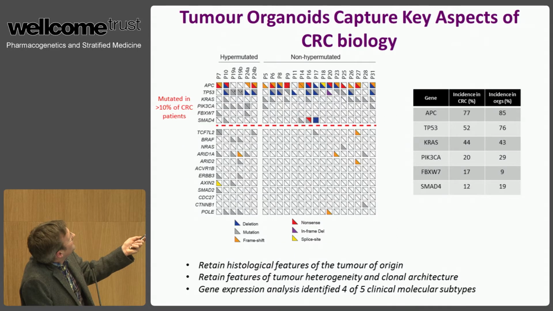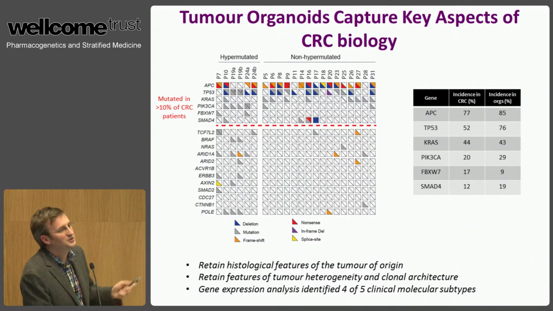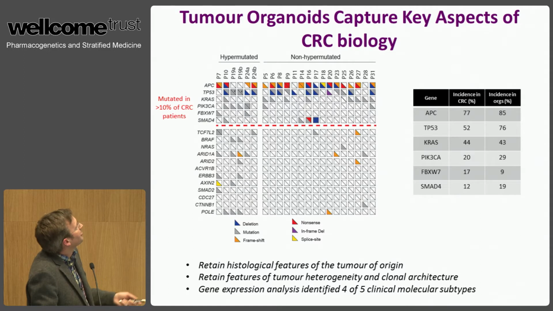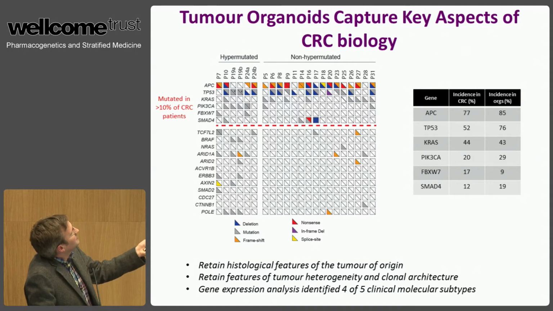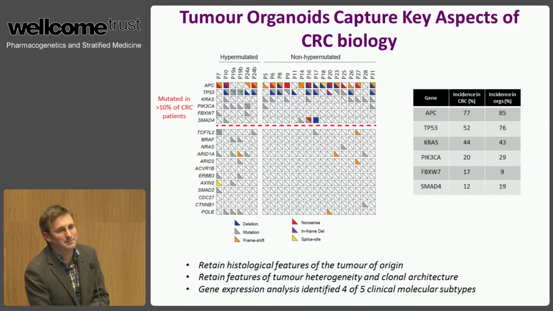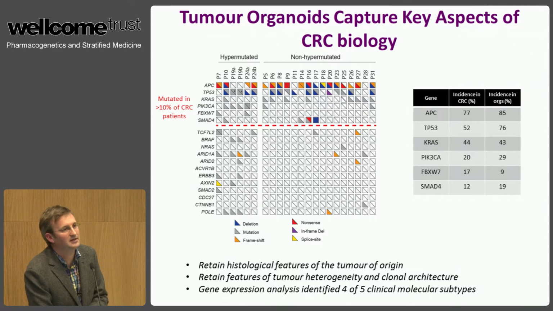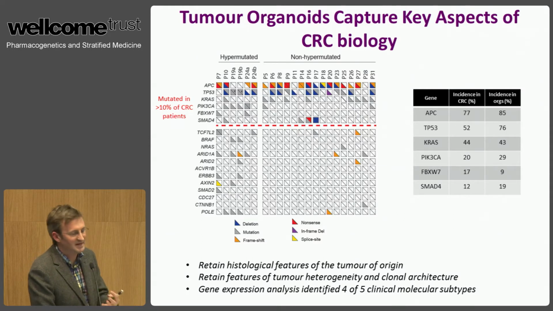First of all, as Tim introduced this morning, we can clearly define a hypermutated and a non-hypermutated population based on the total mutational load. We see that the most frequently mutated gene in this cohort is APC. In our organoids, 85% of samples have an APC mutation, and this closely correlates with what's observed in clinical data sets of hundreds of patients. So the frequency is maintained.